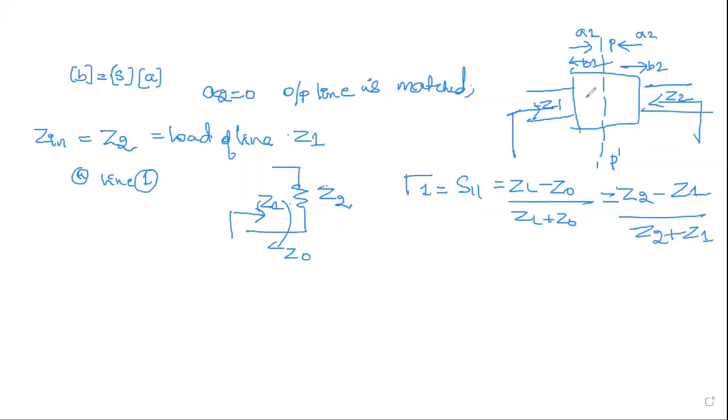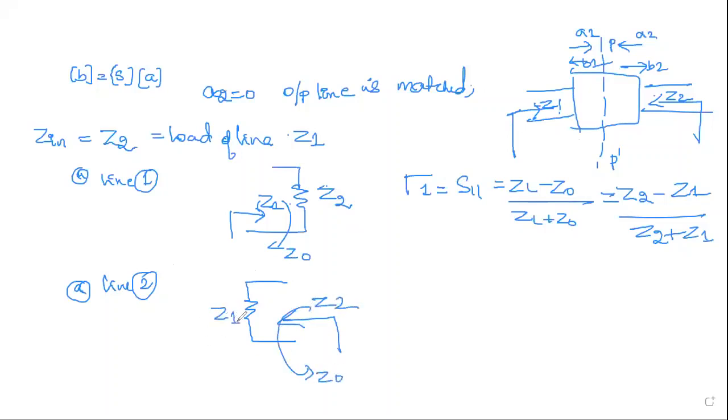You're considering only two impedances, considering this as input, this as load for the first condition at line 1, saying A2 is terminated. So you will have ZL minus Z0 in terms of Z2 minus Z1 divided by Z2 plus Z1, which is nothing but S11. Now similarly, if I draw for line 2, line 2 is just opposite. You are giving input here, matched terminating this side. So your figure will just be opposite. You will have the input as Z2, which will act as your characteristic impedance Z0. This will be Z1.